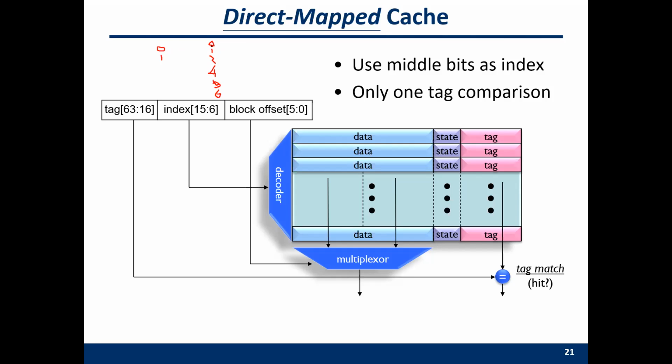When I have this address, we do a mod by 2. So 0 goes to 0, 1 goes to 1, 2 goes to 0, 3 goes to 1, 4 goes to 0, 5 goes to 1. So by a mod operation, I can know the cache location from my memory address.